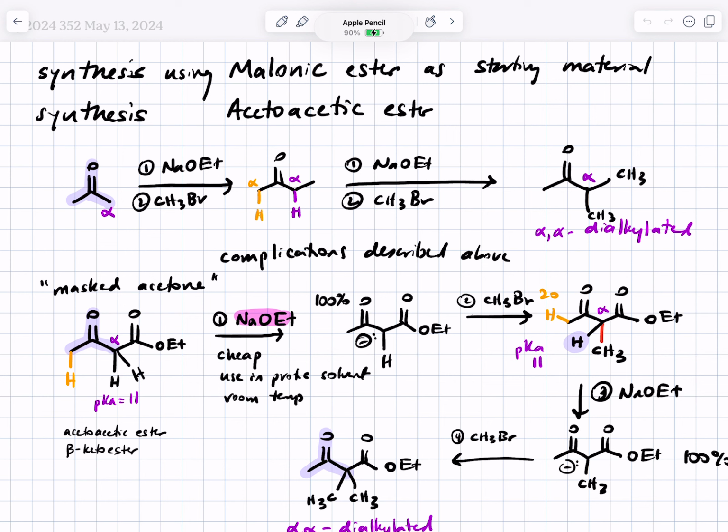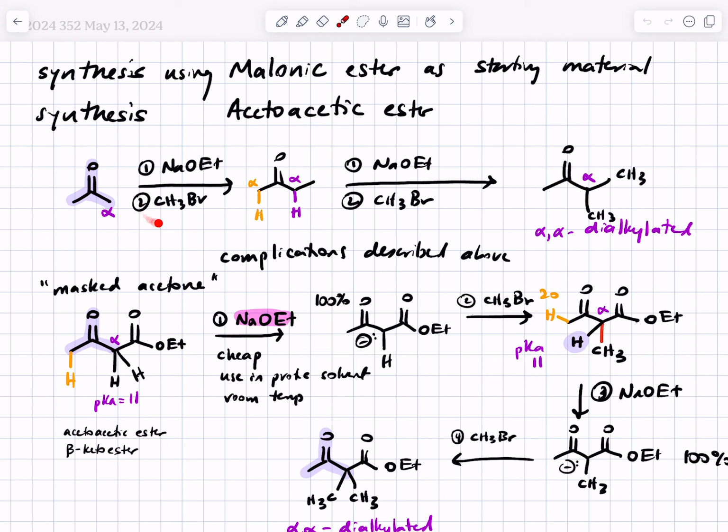Okay. When we last met, we had talked about the problems with enolate alpha alkylation. You recall that our typical strategy, or our cheap strategy without using LDA, involves a base that's only going to partially deprotonate this carbonyl compound.